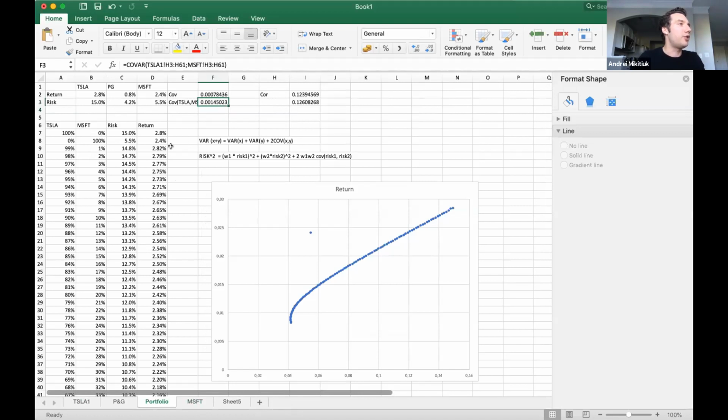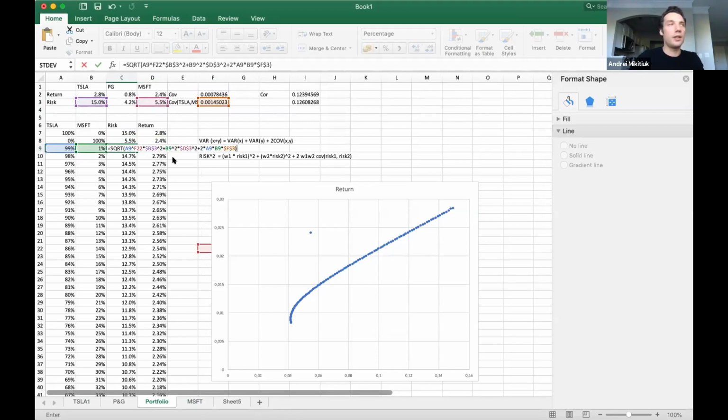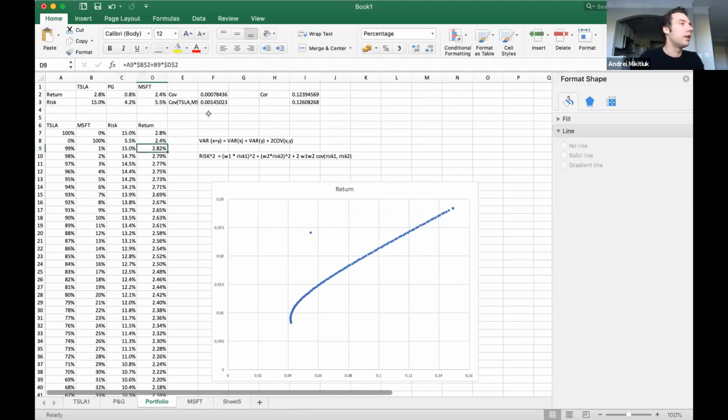Okay, so I have my new covariance, so I can now make sure that we're using the right covariance, and that the return seems to be right. And I will just copy.